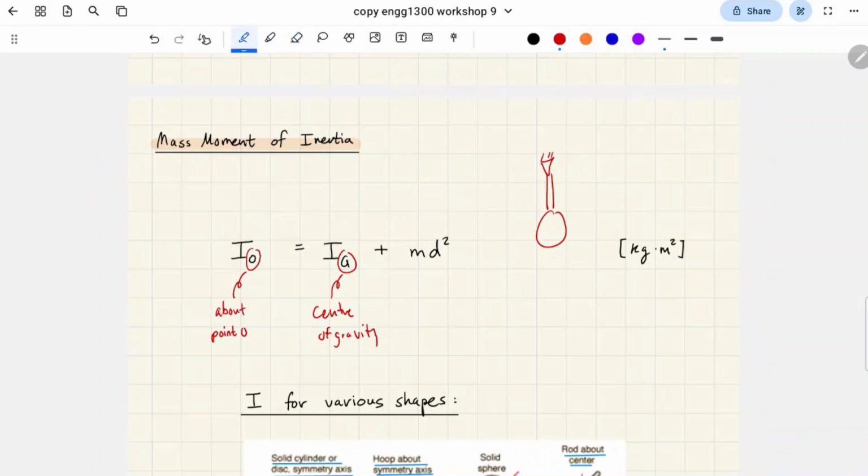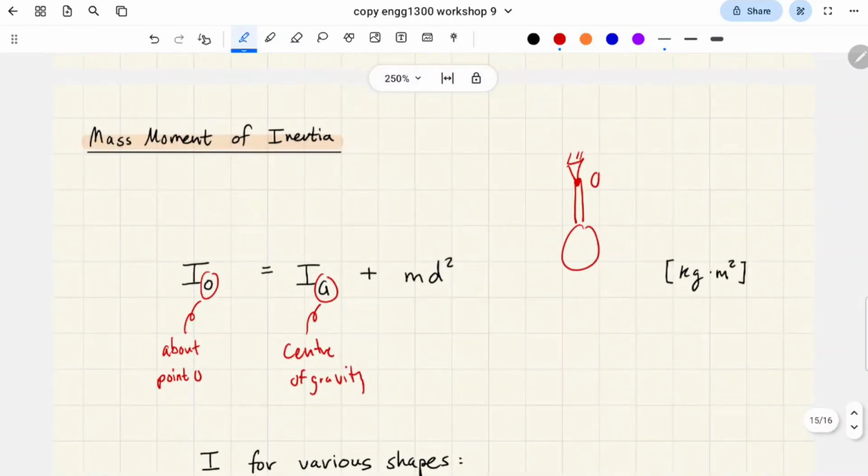Say there's a pendulum, and it spins about this point O. There are 2 objects, this rod and this disc, and the center of gravity is going to be different for both of these objects.